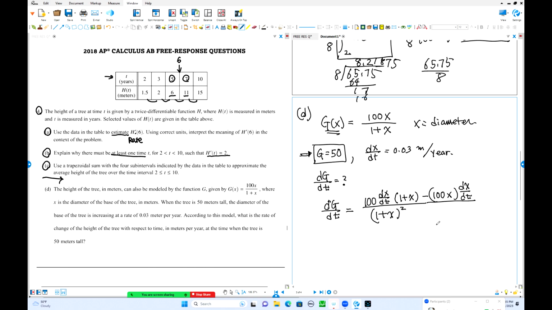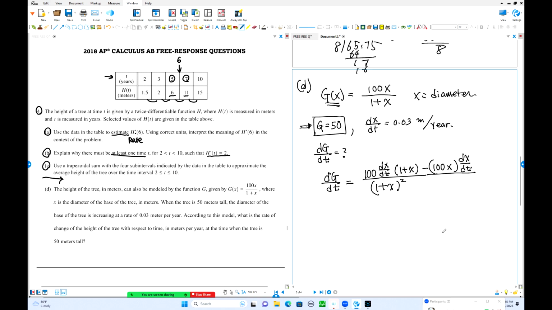Now let's find these numbers. dx/dt is given here, 0.03. Put this number in there.